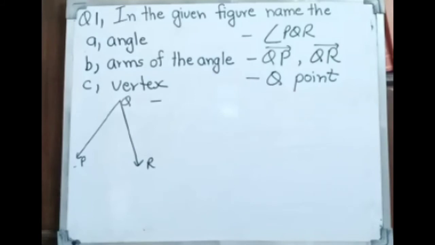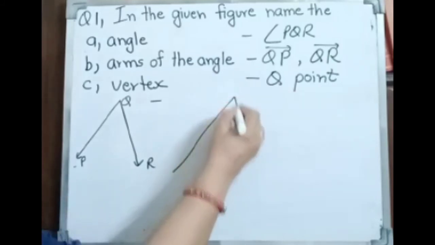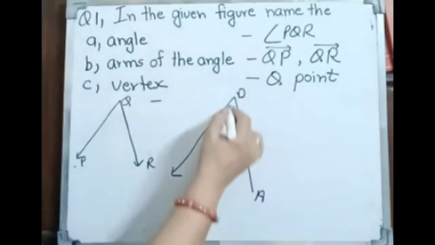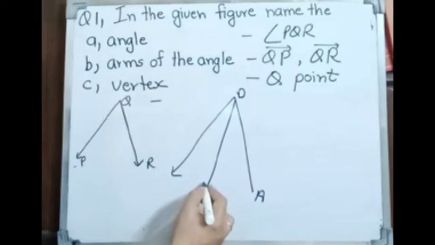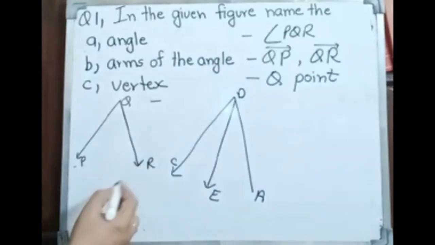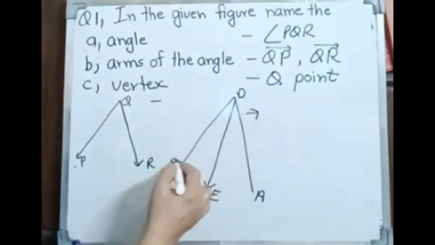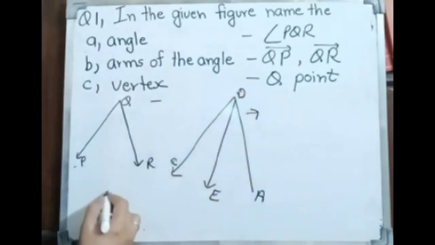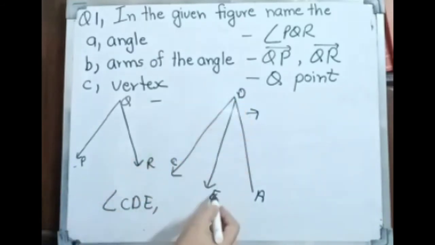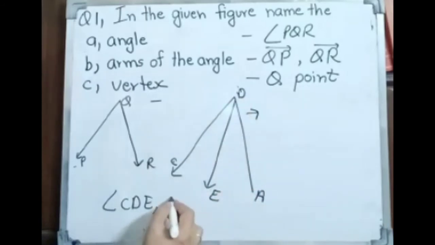Similarly, we have another figure, CDE. Here we have angles like that. This is C, D, A, and this is E. So name the angles. The angle is CDE, angle CDE. Another angle is EDA, angle EDA.